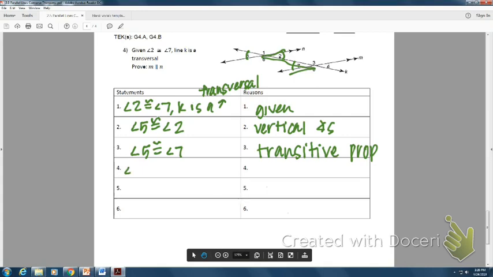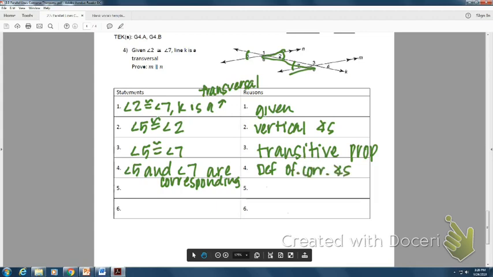You could have said angle 5 and angle 7 are corresponding, and there's the definition of corresponding angles. And then you would have said M is parallel to N because of the corresponding angle converse postulate.